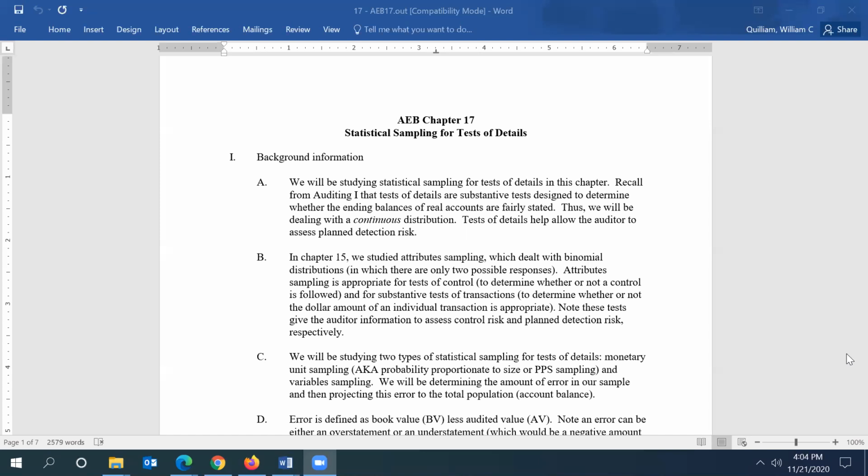That $5,500 is the book value, whereas the audited value is $5,000.